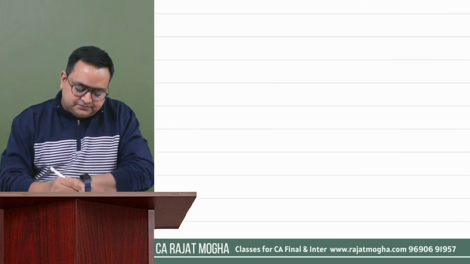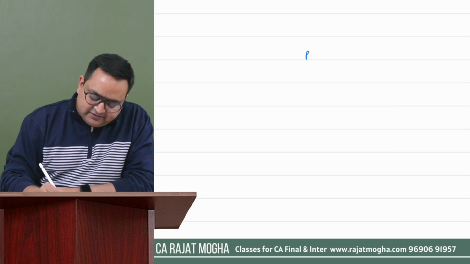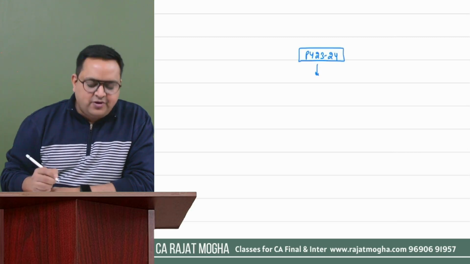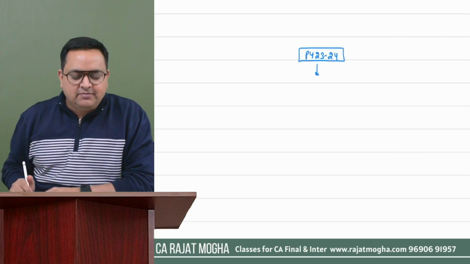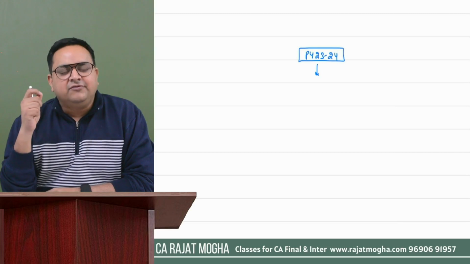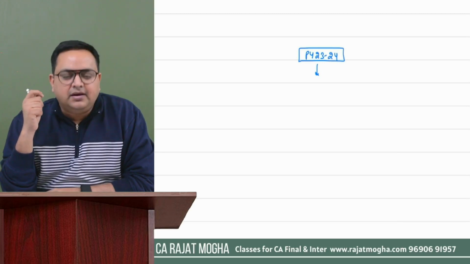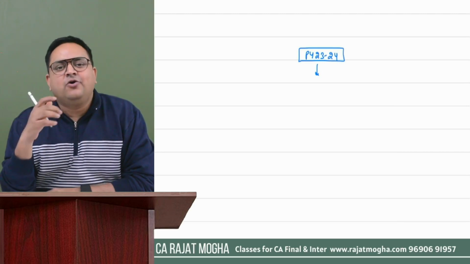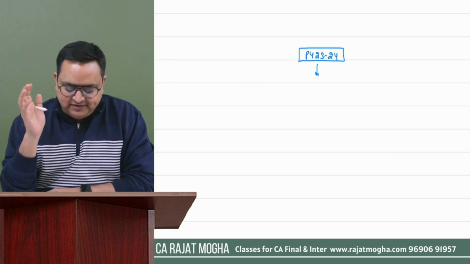Let us say this is previous year 23-24. In this year, the person is withdrawing the amount, and we have to see whether we have to apply the TDS after 20 lakh or after 1 crore rupees.